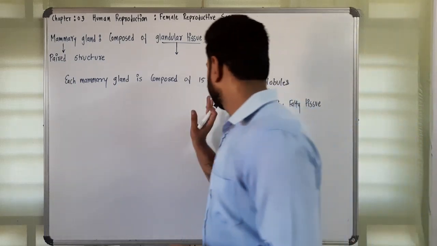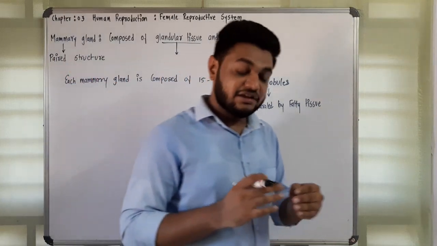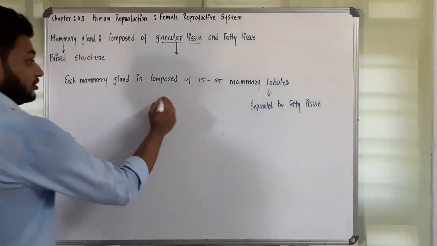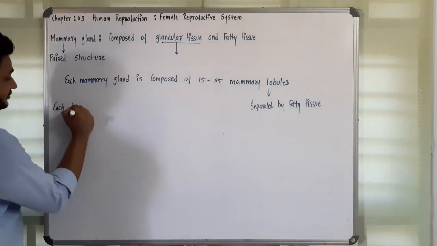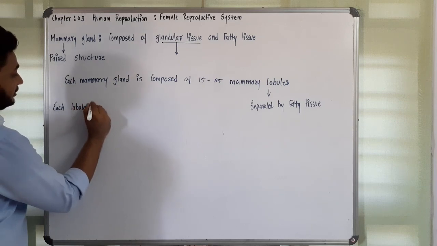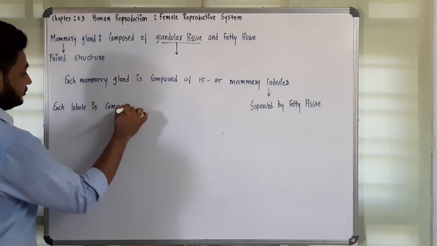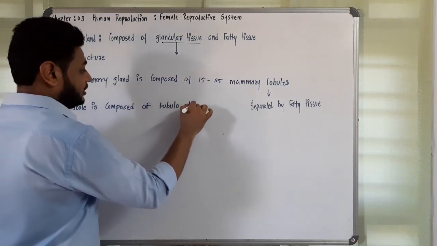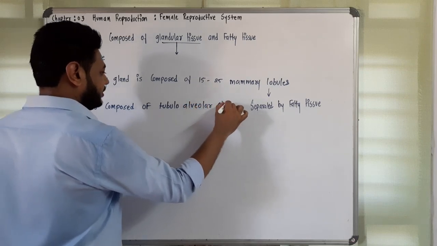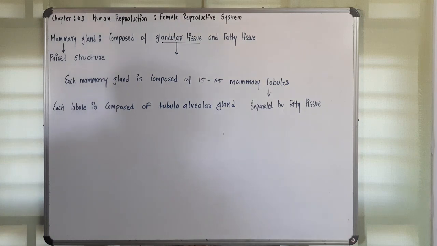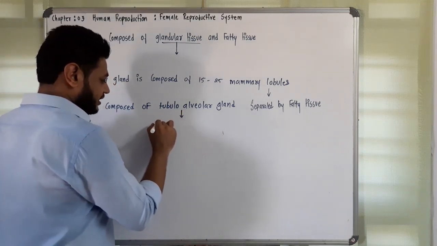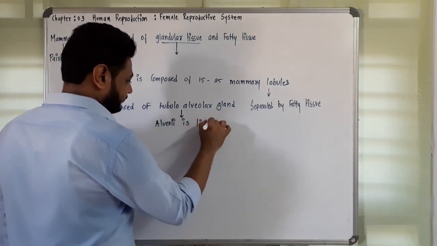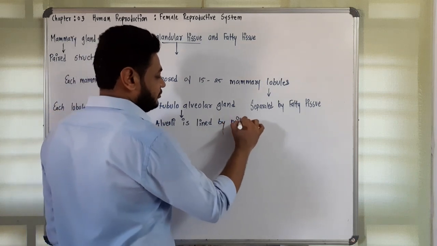Each lobule is composed of a tubulo-alveolar gland, and the alveoli are lined by milk producing cells.